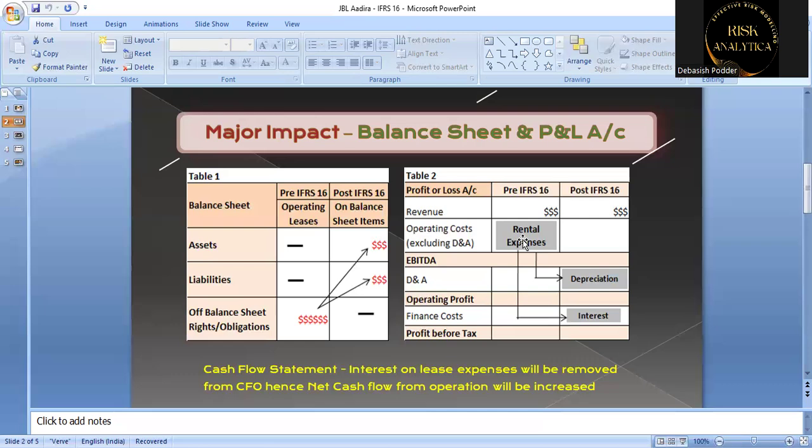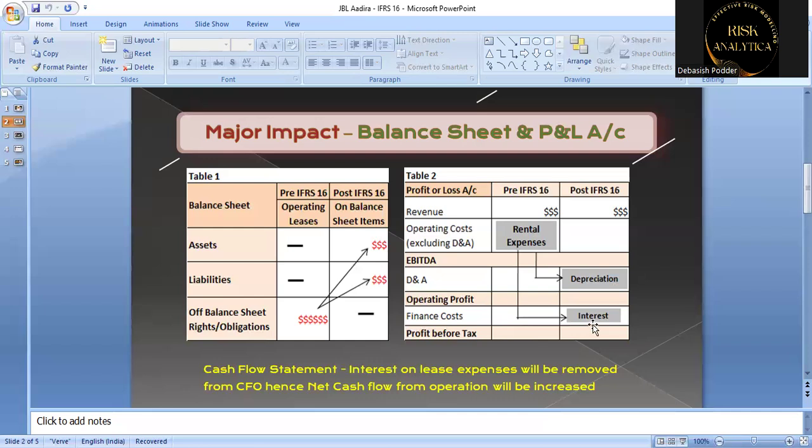Now, after IFRS 16, this rental expense has been divided into two parts: depreciation and interest. Suppose the rental expense we used to update as 100. Now, after this implementation, 50 will be updated as depreciation and 50 will be updated as interest expenses.